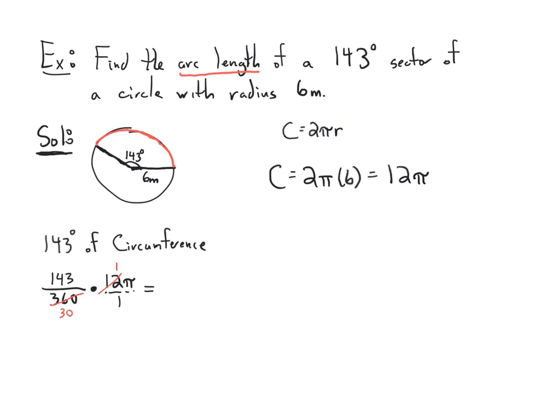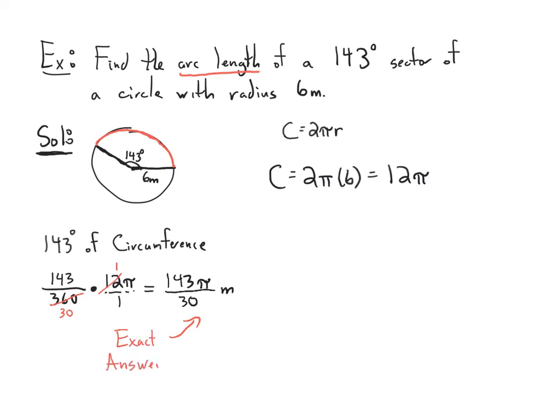And I don't see any more common factors, so I have 143 times pi in my numerator and 30 in my denominator, and that's in meters. If I want, this is a fine answer. In fact, I would say this is an exact answer because it's in terms of pi. I didn't do any approximation or rounding.